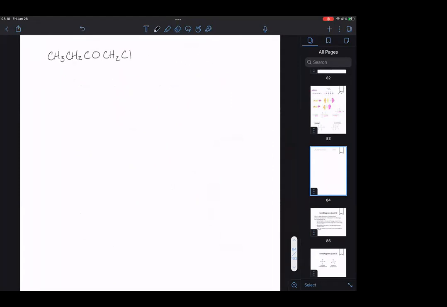How about you guys give it to me for this one? All right, so take a second and go from our condensed formula to a structural formula, and then from this structural formula to the condensed formula.